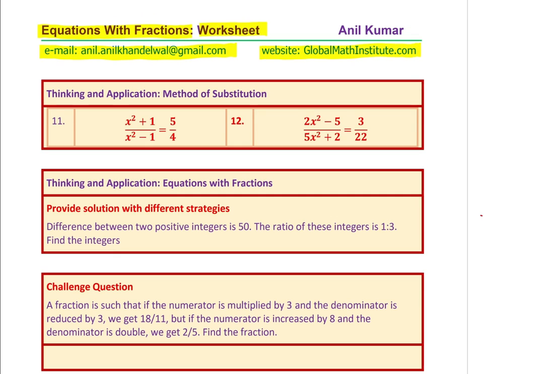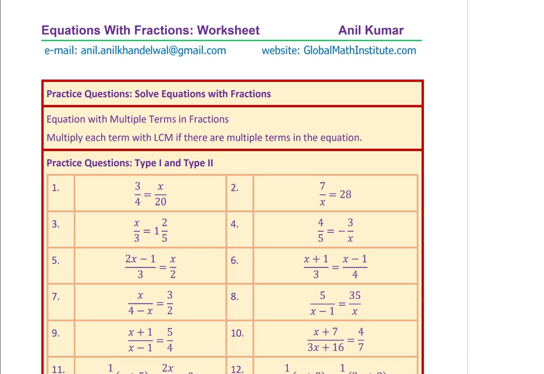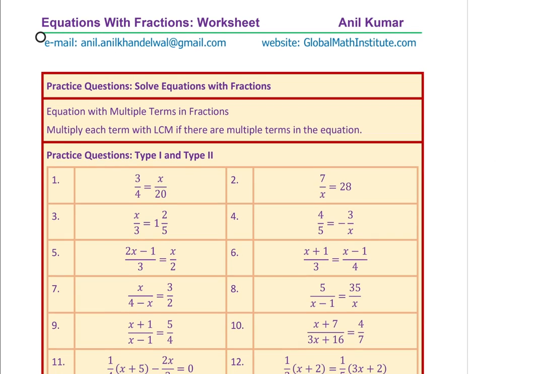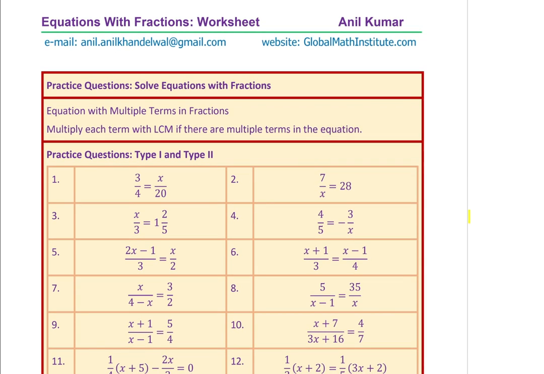Let me remind you of the questions which we did in the worksheet earlier. So basically, we had these 12 questions which could be solved by the method of cross multiplication. These questions, we categorize them as type 1 and type 2, and they can be solved using cross multiplication, correct?